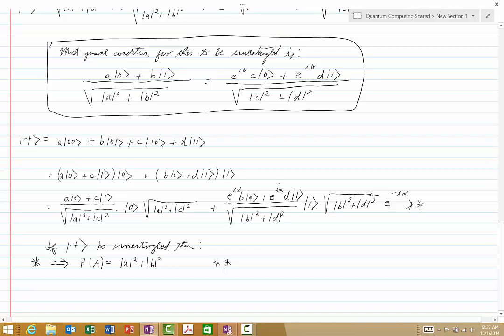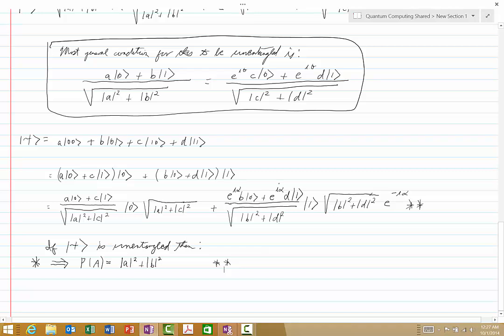Here the probability that Alice measures 0, well, it depends on which one of these terms you look at. For instance, if we go with this term right here, remember this 0 here corresponds to Bob measuring 0, and this 1 corresponds to Bob measuring 1.